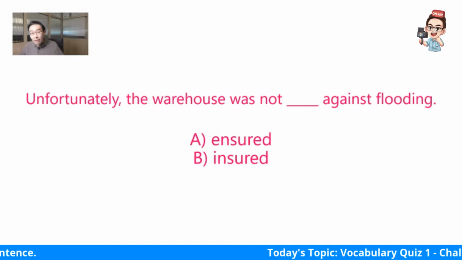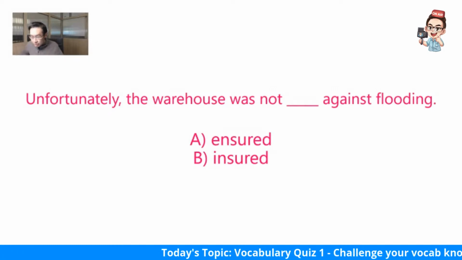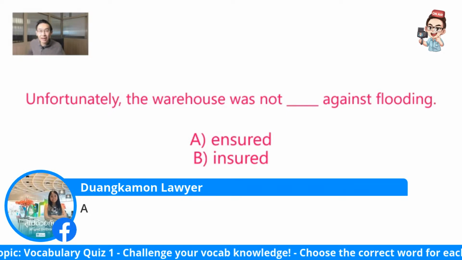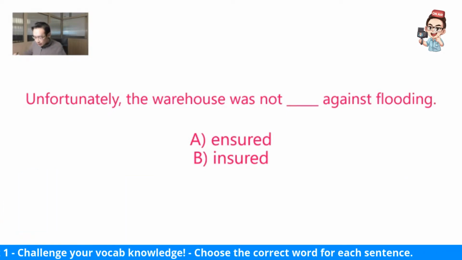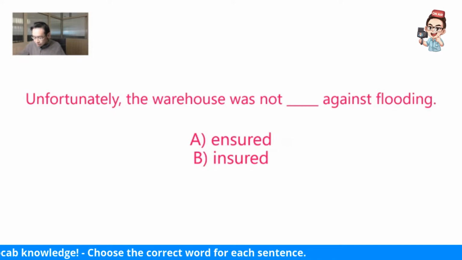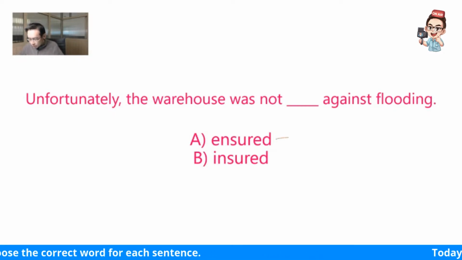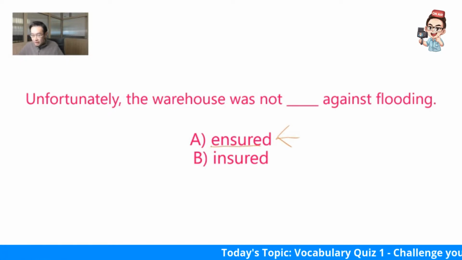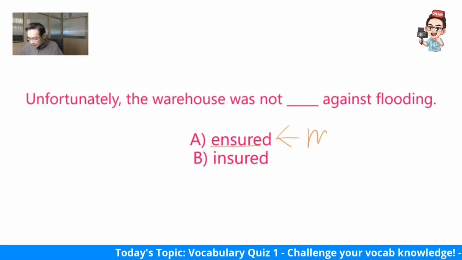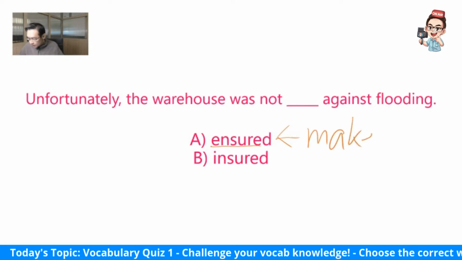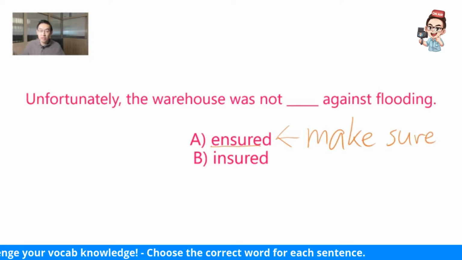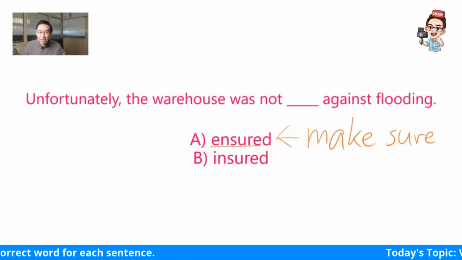Okay, so now I will tell you the meaning of each choice. We have another answer from Duongkamon. You said A. All right, thank you for joining. Let's go on to the words. So, ensured comes from ensure. It's the same as to make sure, like to make sure that something is correct and not wrong.